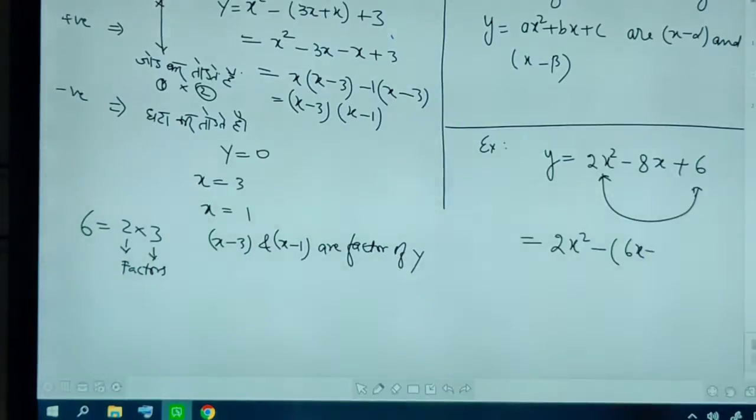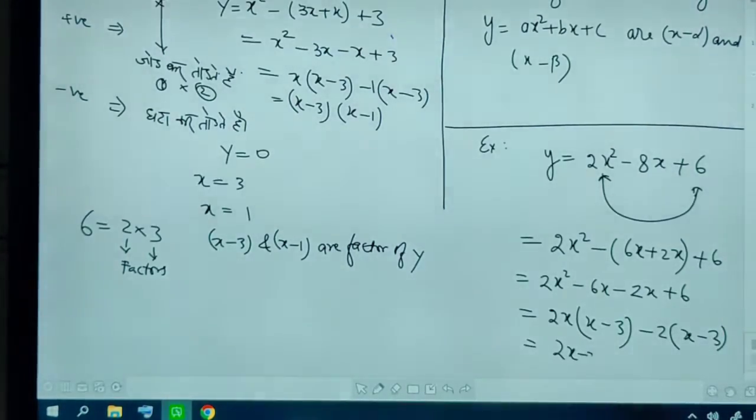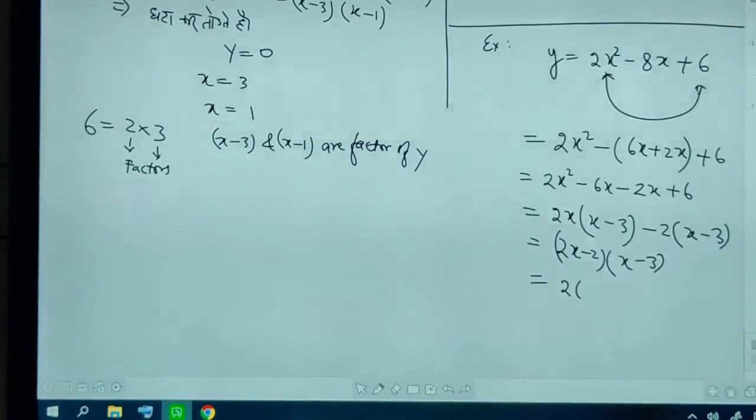We take another example, y equal to 2x square minus 8x plus 6, and we factorize it and we find that y is equal to 2x square minus 6x minus 2x plus 6. We can take out 2x as common, so it is 2x into x minus 3 minus 2 into x minus 3.